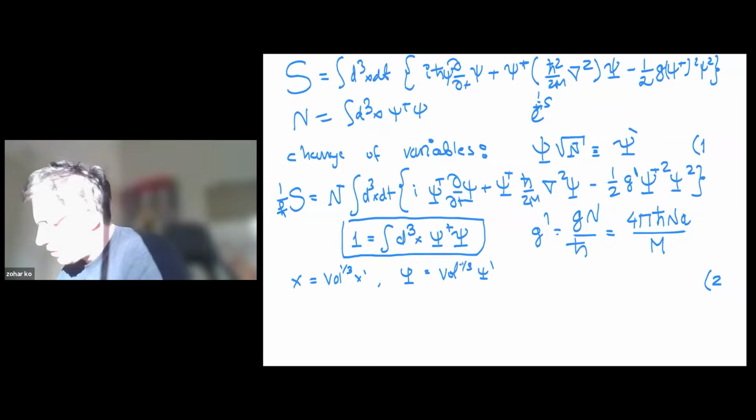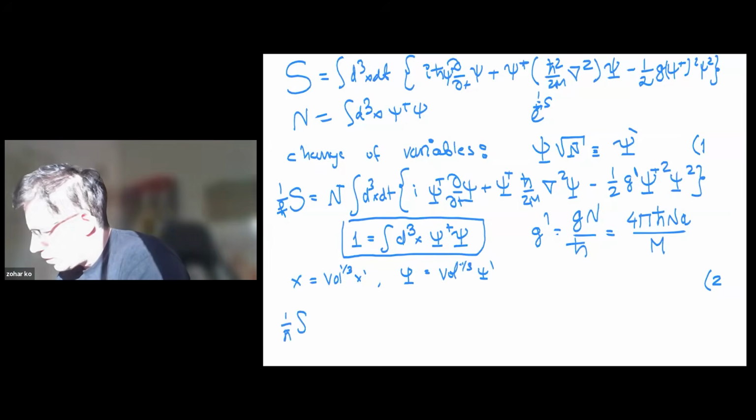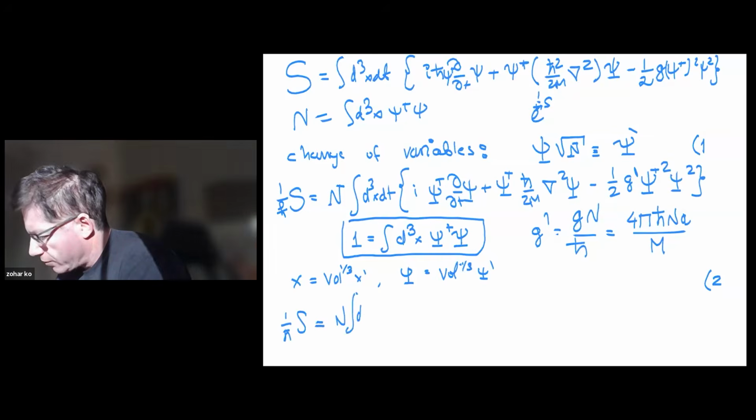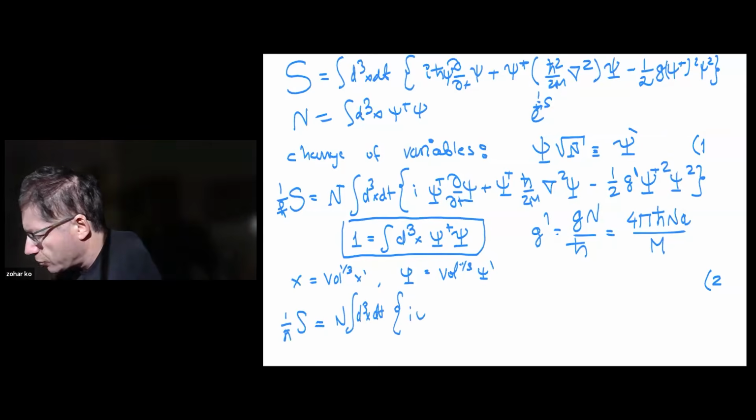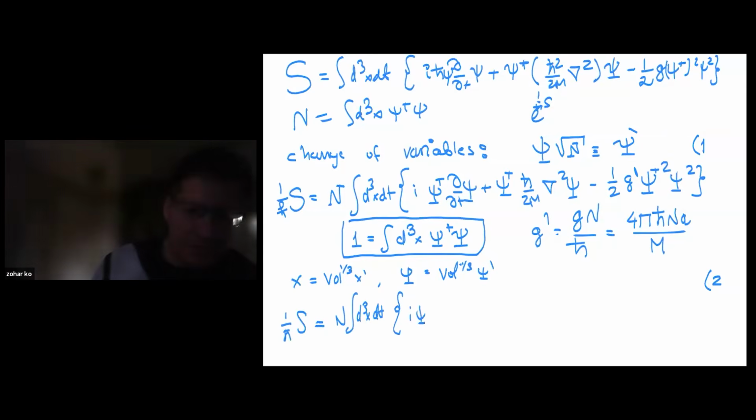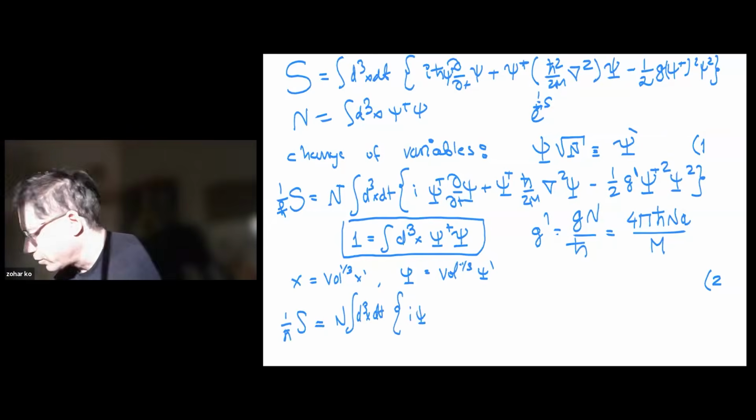So you repeat this exercise and you find 1 over h bar action equals n, d3x dt. I'm not going to use psi prime again. I'm just going to use psi, not to clutter the equations.